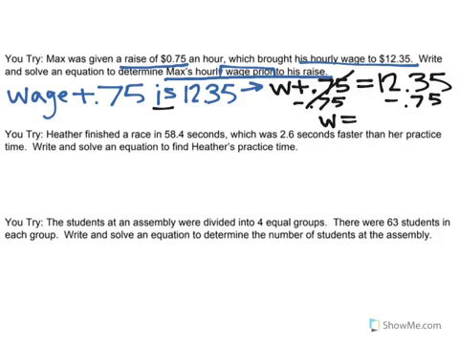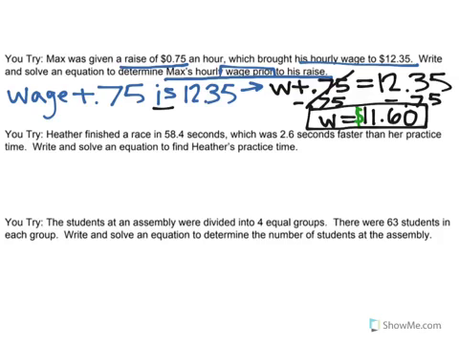And that's going to bring us to 11.6, also known as $11.60. So you can even put in a dollar sign there if you want, but that's what his wage was before he got the raise. So that's how you can use equations to figure out story problems. These are very real life sorts of problems.